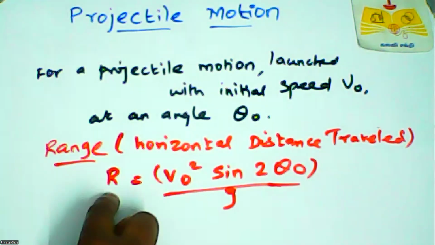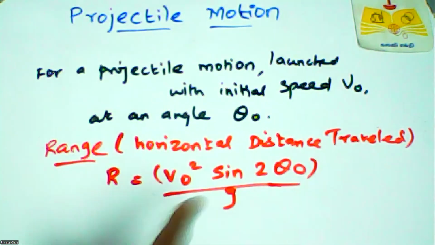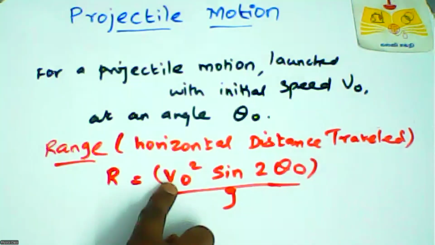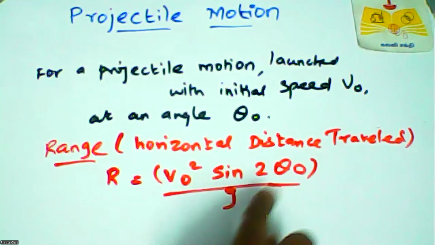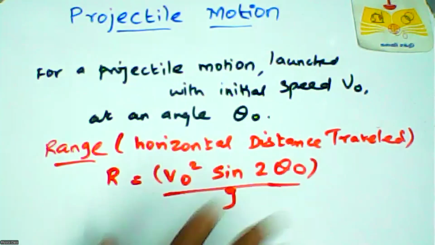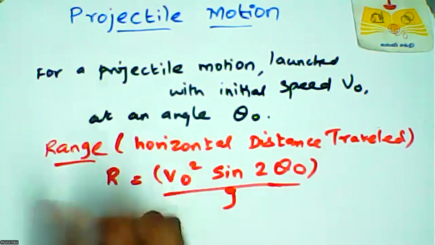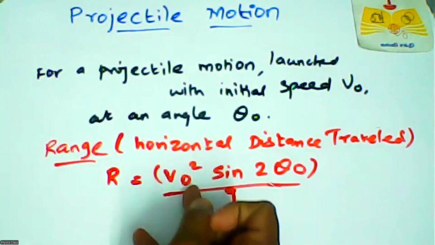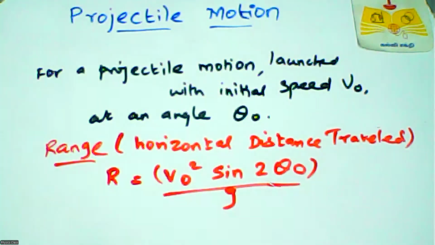You can see there are three quantities: V naught, theta naught, and g. So the range depends upon the angle, the initial speed, and g, the acceleration due to gravity. Please remember that range depends upon angle and initial speed.